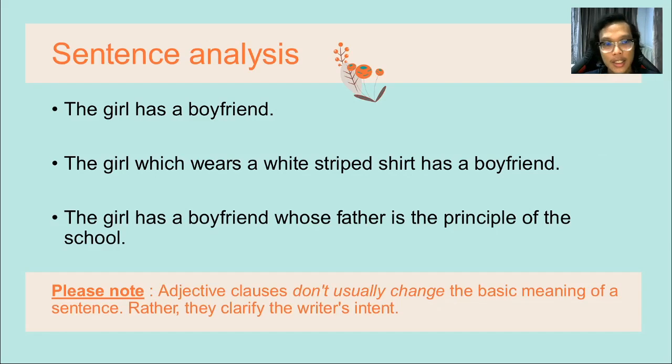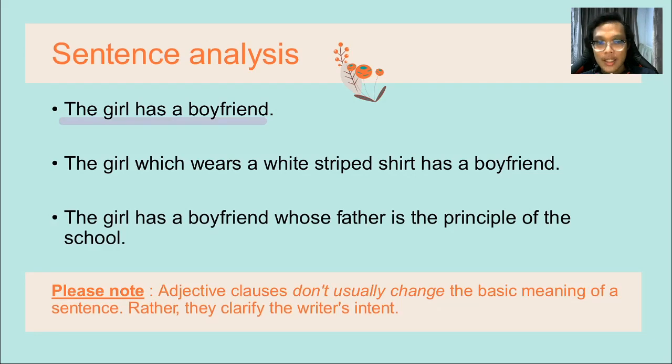The first sentence: the girl has a boyfriend. Does the sentence have any adjective clause? No, right? We only have one sentence, and we know nothing about the girl or the boyfriend in the sentence. So here we don't have any adjective clause.